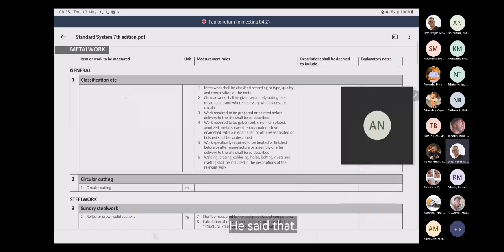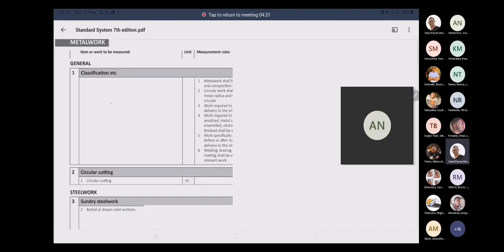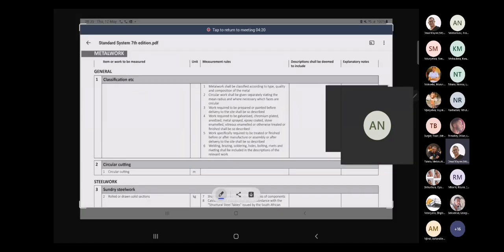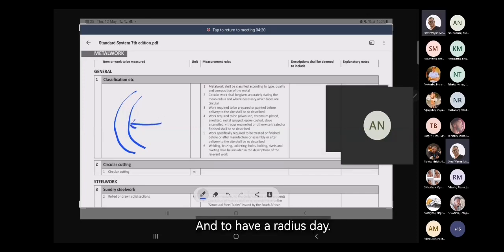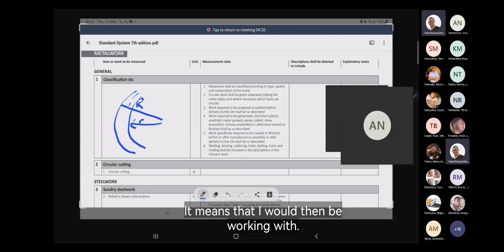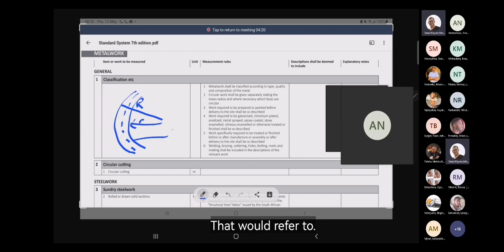is that if I have that and I have a radius there, and I have a radius there, it means that I would then be working with, that would refer to the mean radius.